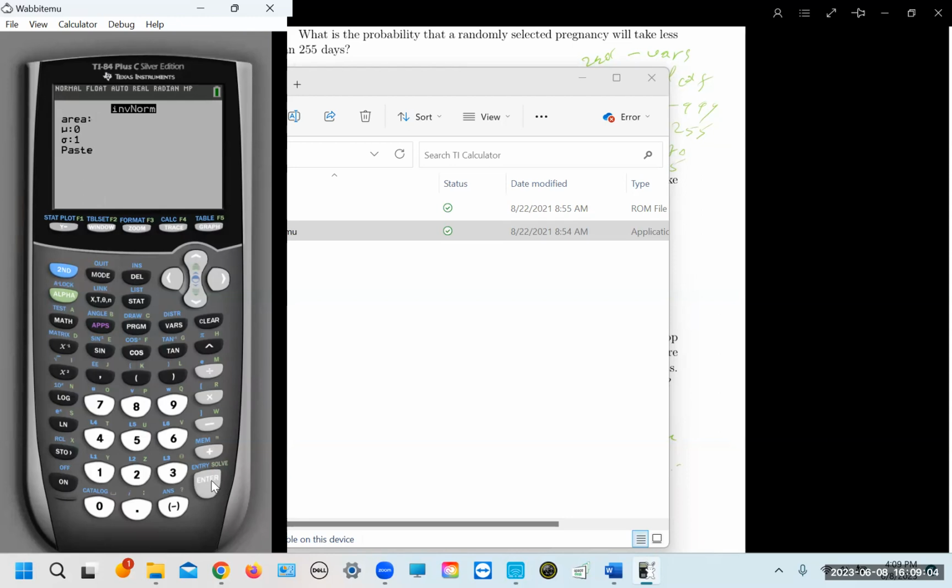So the area is 0.94, and the mu is 700, and the sigma is 30.